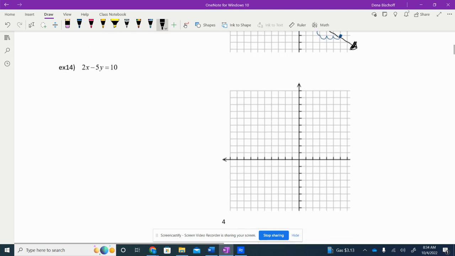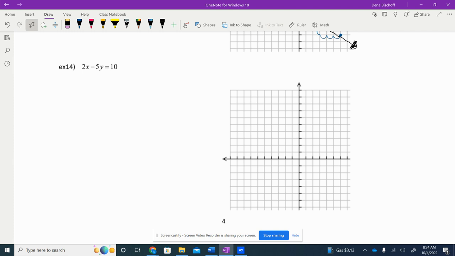All right. Example number 14. What do I need to do first? Yeah, first I need to solve for y. Sailor, what do you want to do first? Yeah, we're going to subtract 2x from both sides.